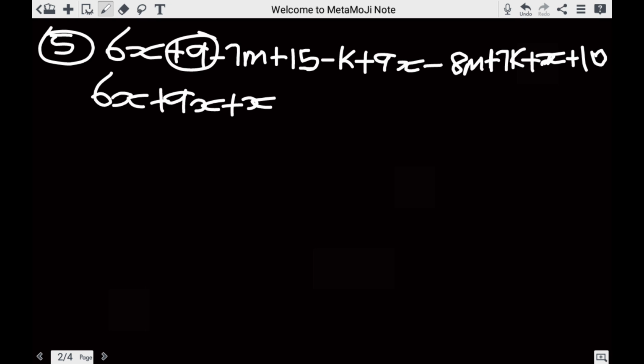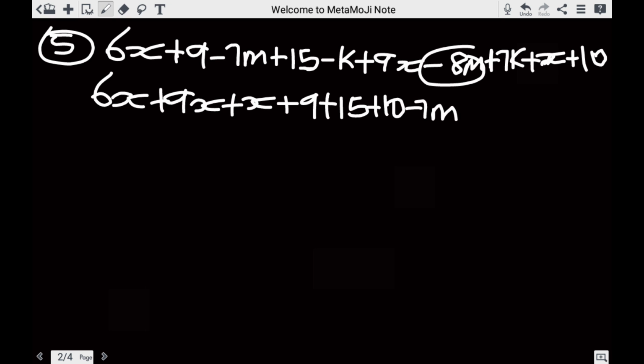And the numbers: plus 9 and plus 15, and the other number we have is plus 10. So we are left with m now, minus 7m, then minus 8m. So let's do it now.